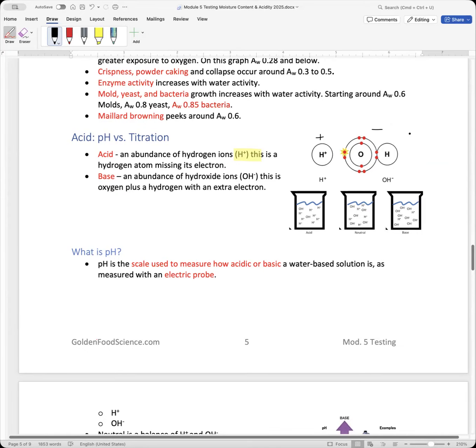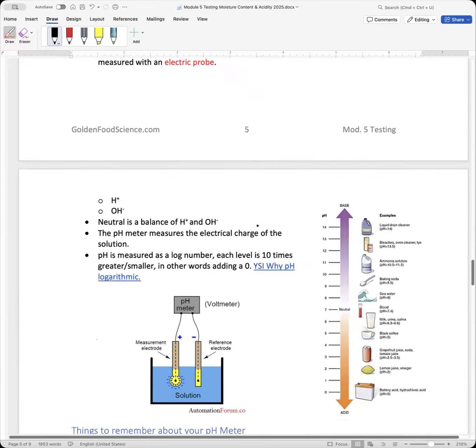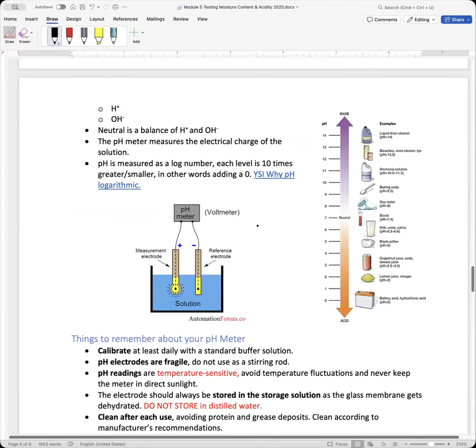So why is that important? It's important when we measure pH, because pH actually measures the difference in the electrical charge. It has a reference electrode, and then the electrode, the glass thing that goes in your solution, measures the positive and negative charges.